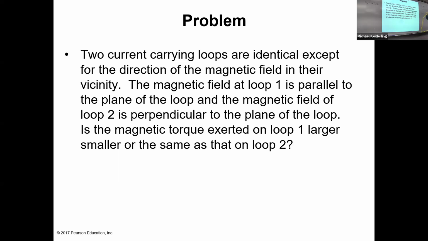But when we get here, this side is pulling up, that side is pulling down. That's not making any torque. So when it's perpendicular to the plane, the top and bottom are pulling apart and the whole thing doesn't really go anywhere.